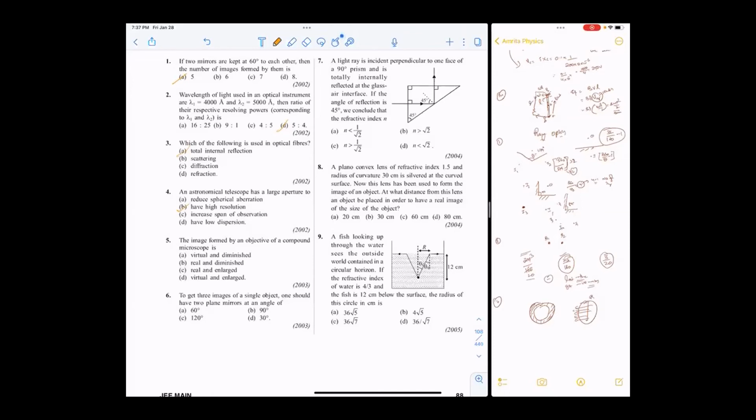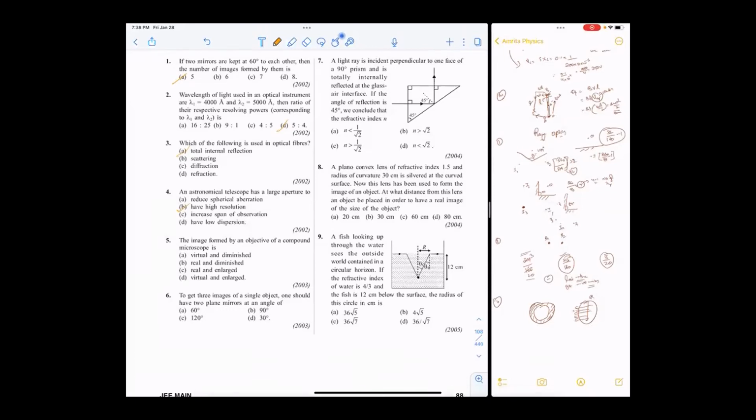The image formed by the objective of a compound microscope is virtual and enlarged, or real and enlarged? Fifth one, microscope. The first one, due to the objective, will be real and enlarged. The second one will be virtual and enlarged.